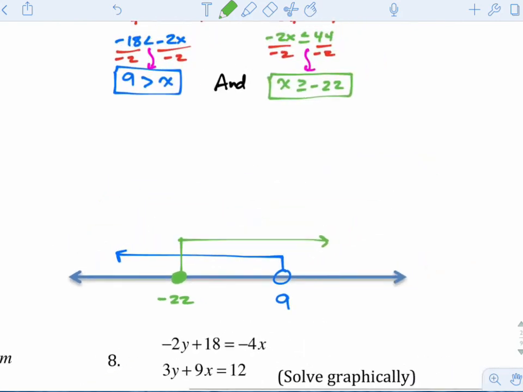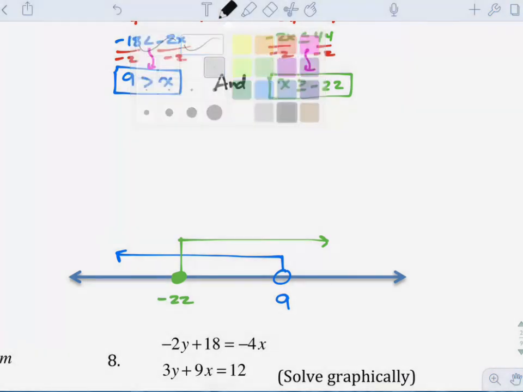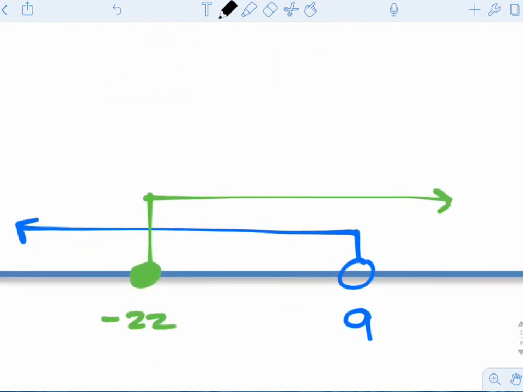Because we have an and compound inequality, it means only those numbers shaded in blue and green, only those numbers with both a green arrow and a blue arrow above it, those are the numbers that are going to be solutions. Which numbers are those? Well, graphically speaking, those are the numbers right in here.